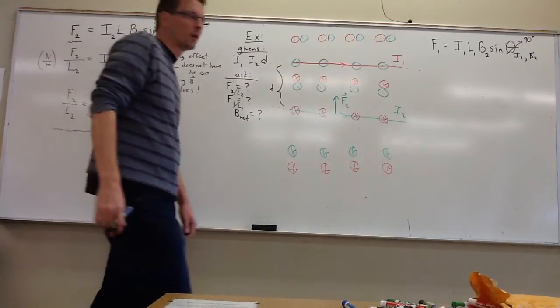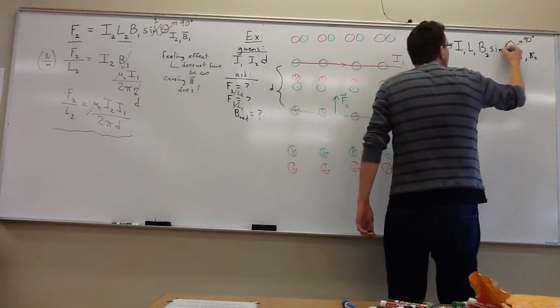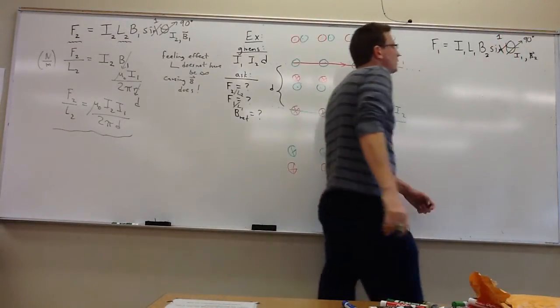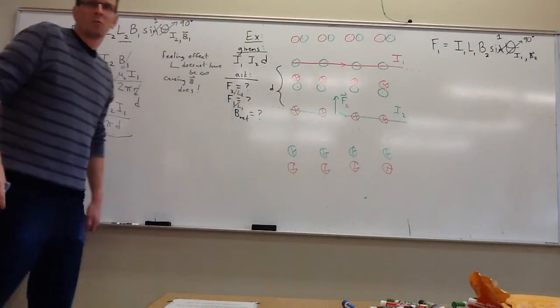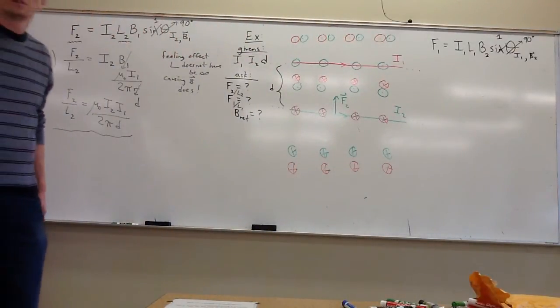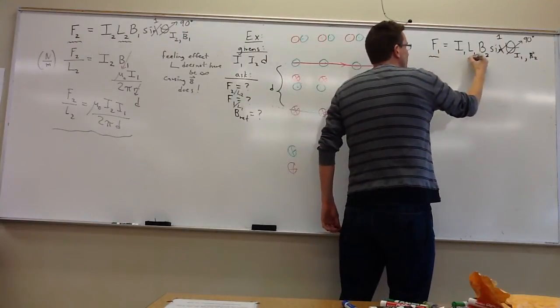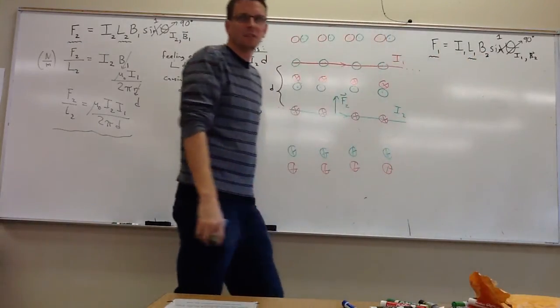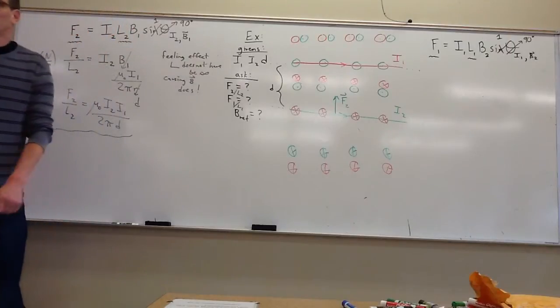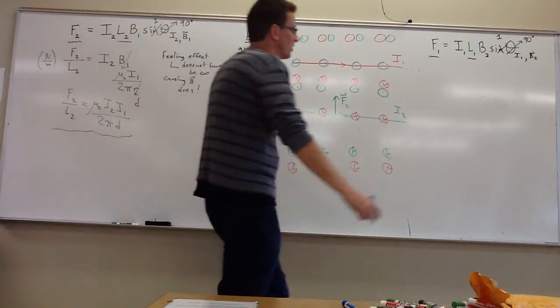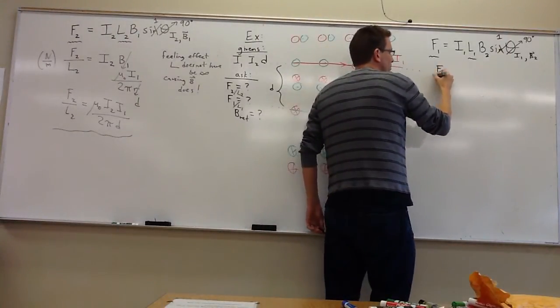So sine of 90 is 1. So we run into the same problem, right? The amount of force will be infinite simply because the length is infinite. So we'll solve for something more manageable: the force per unit length.